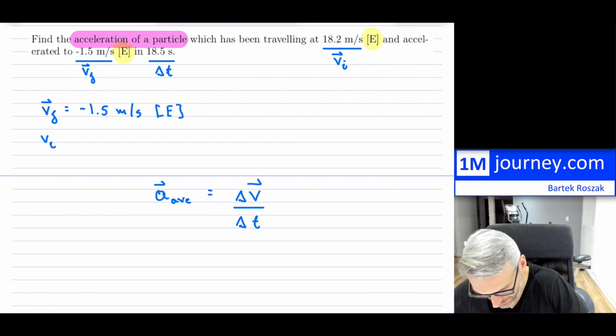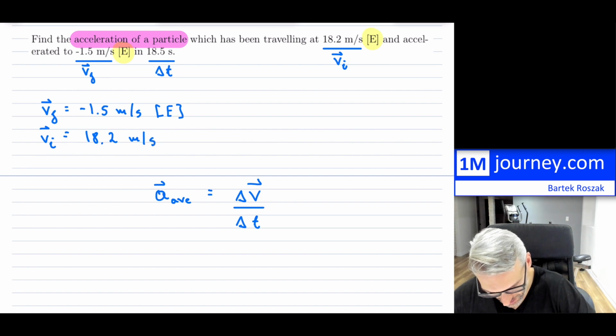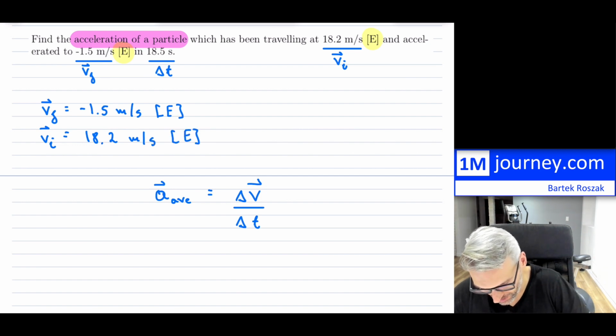My VI is equal to 18.2 meters per second. Notice the directions are the same, and also the units are the same, meters per second. And then your delta T is 18.5 seconds.